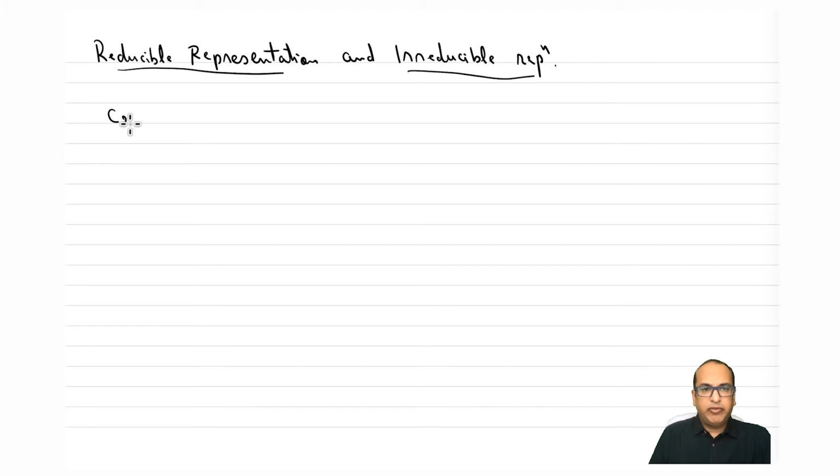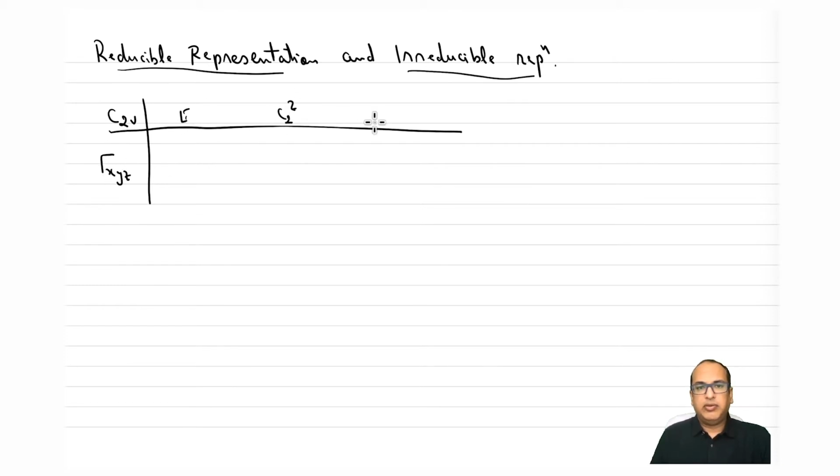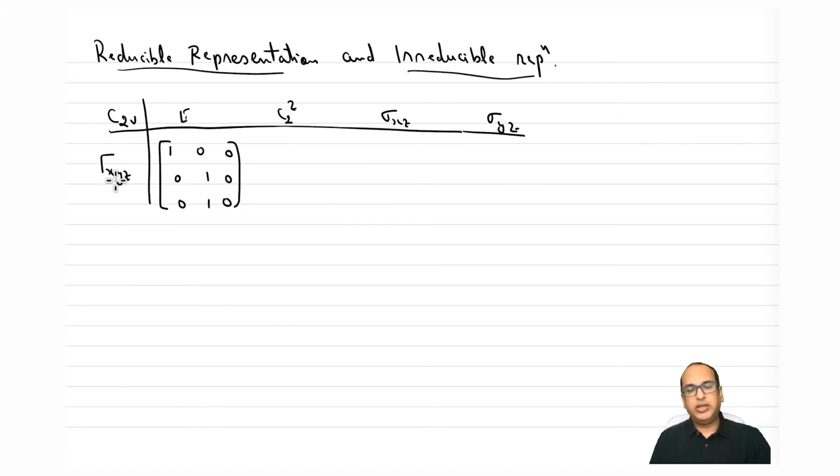So let's say for the C2V point group, when we took XYZ as the basis, what were the matrices? The matrices came out to be 1 0 0. This will be a 3 cross 3 matrix because we have 3 elements in the basis set. Okay.